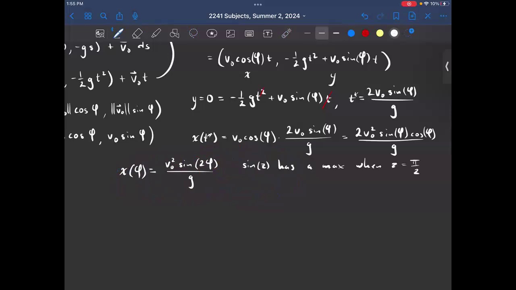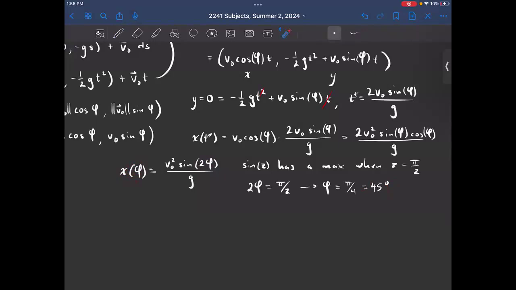Okay, well, if z equals pi over 2, then 2 phi is our z, and so we want 2 phi equal to pi over 2. Well, that tells me that phi should equal pi over 4, or 45 degrees. So the distance that a projectile travels is maximized at exactly a 45-degree angle to the ground.